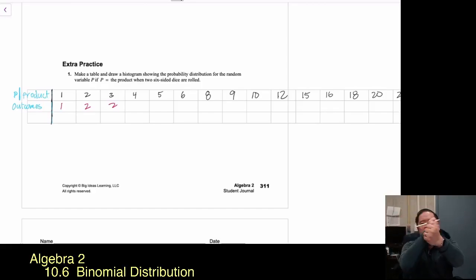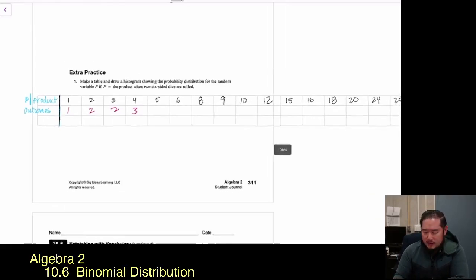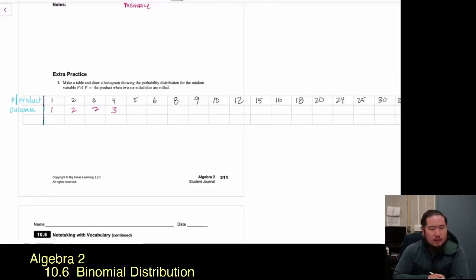And either way, 2 times 2 is going to be the same thing. So that gives us a total of 3 outcomes right here. So I would try going through and see if you could figure out all the different outcomes in the problem. I'll go ahead and work through them right now, but I think it would be helpful if you paused it and tried to figure out all of the different possible outcomes for each one.